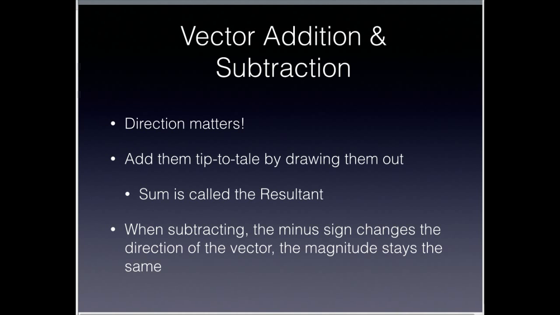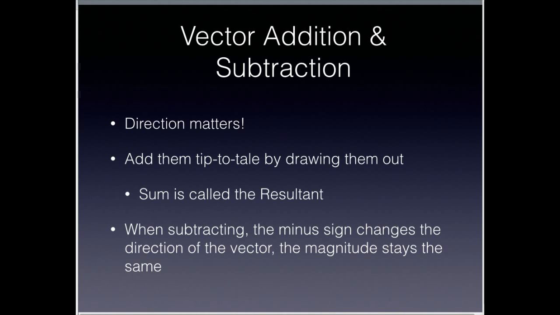When we add them, we're going to use this thing called tip to tail, meaning whatever order we're asked to solve or add them in, we're going to draw the first one, say A, and then we're going to take the second vector, which may be called B, and put the tail of B onto the tip of A. And when we do that, we can go through whatever order we're asked to do, and then when we want to find the sum, the total, we're going to draw the sum, or resultant, from the start of the first vector, the tail of the first vector, to the tip of the last vector.